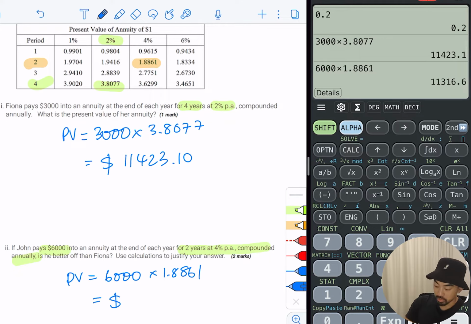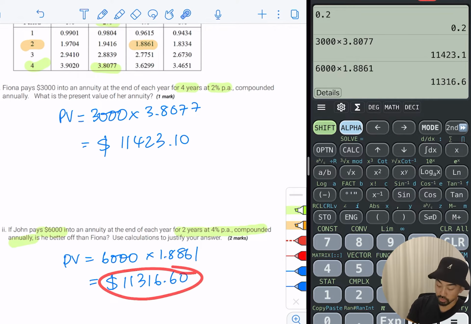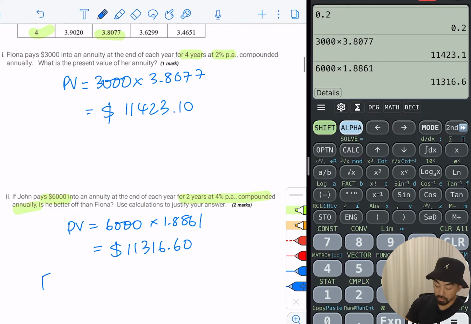So our answer here is 11316.60. So you can see here, comparing these two numbers, that John is going to have less money than Fiona. So Fiona will be better off by this amount.